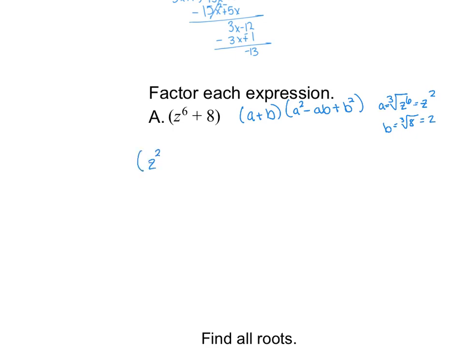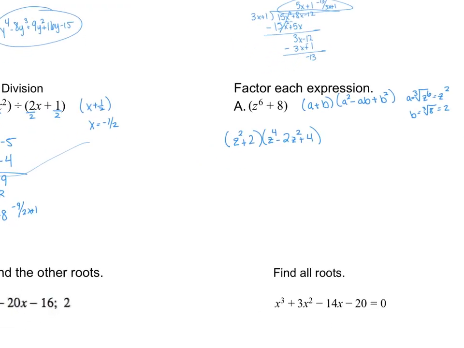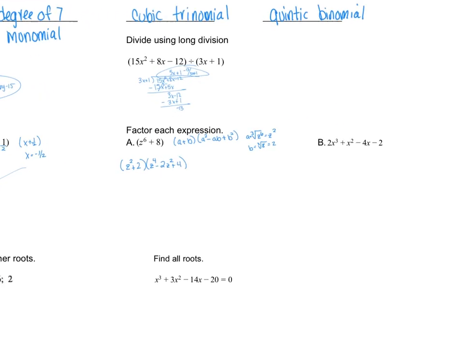So z squared plus 2, z to the 4th minus 2z squared, always positive, plus 4. All right, oh, this guy, we cut it in half. Take out an x squared, 2x plus 1, negative 2, 2x plus 1, x squared minus 2, and 2x plus 1.